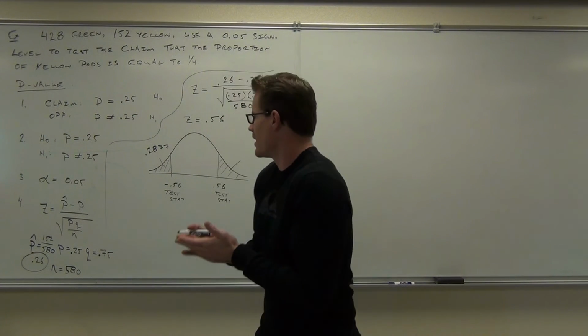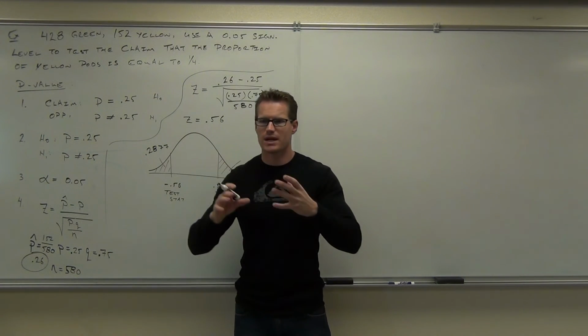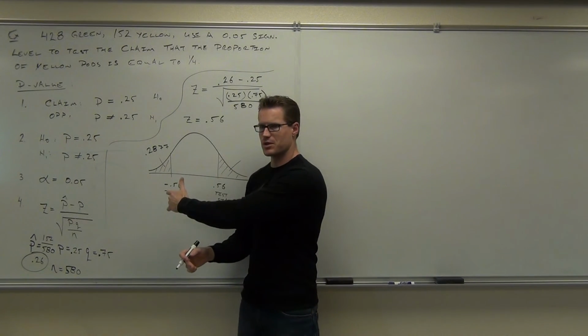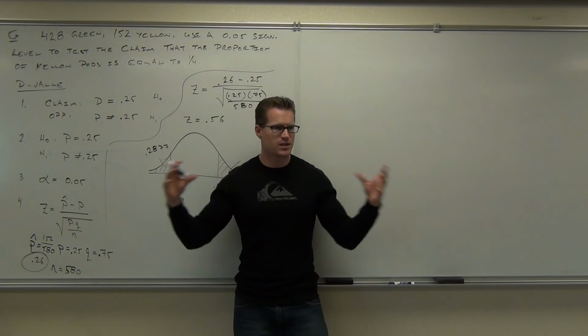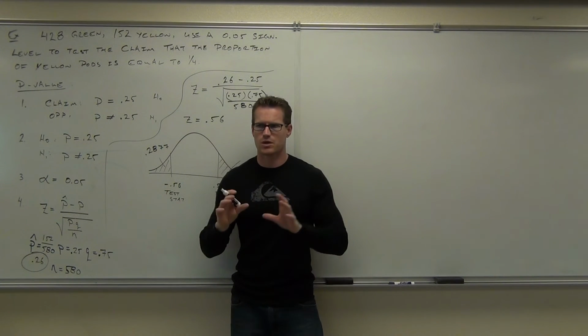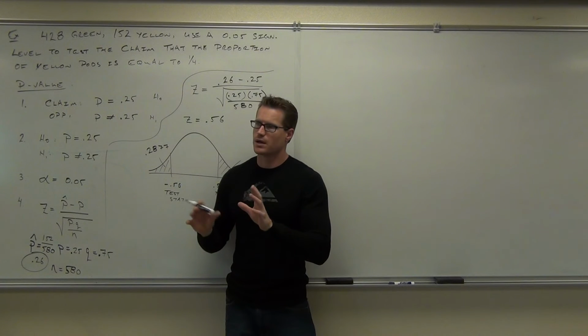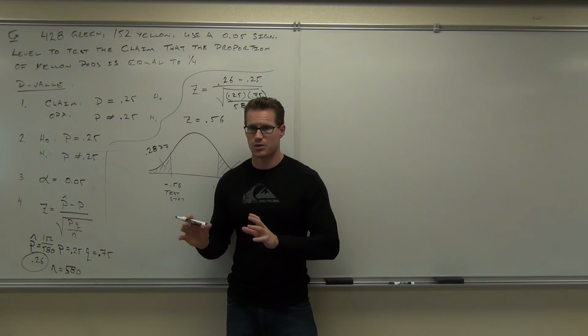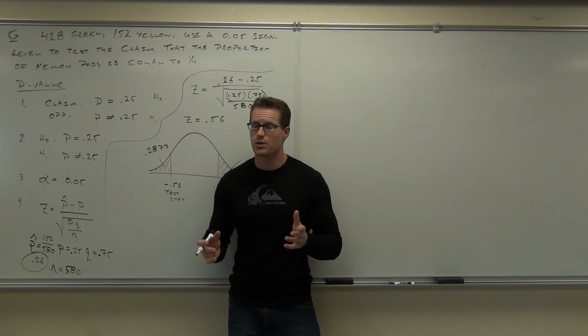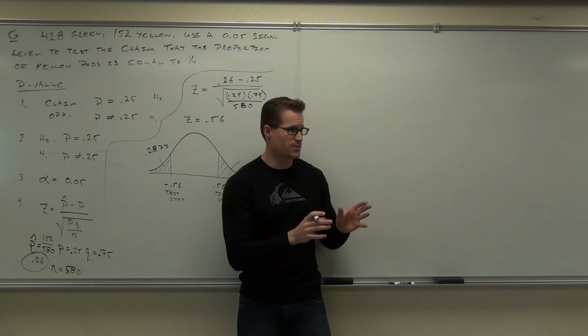Since I'm supposed to have a left tail and a right tail, we have to put something over there because we know that our alpha is spread into two tails. So you can do this one of two ways. I'm showing you a slightly different way so we can compare it to alpha. Otherwise you have to compare it to alpha over 2 and that gets a little confusing. So I'll show you both ways. Are you ready to see both ways?